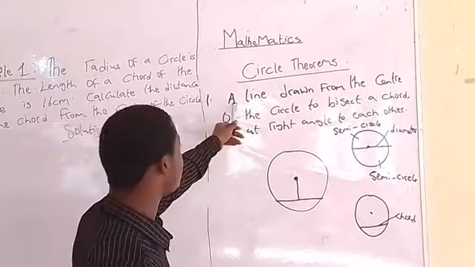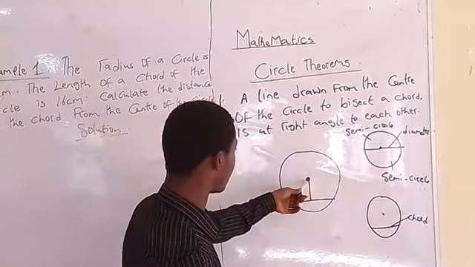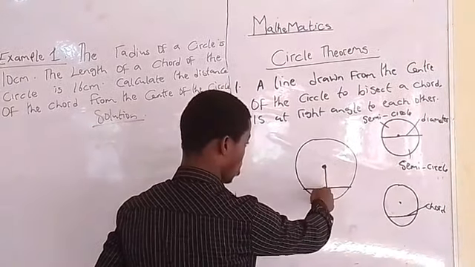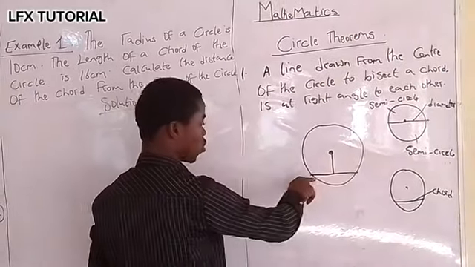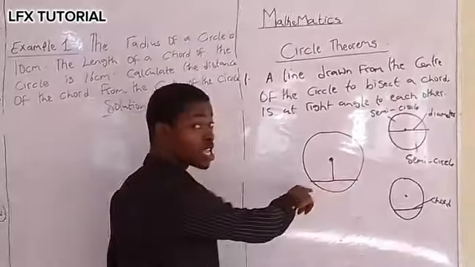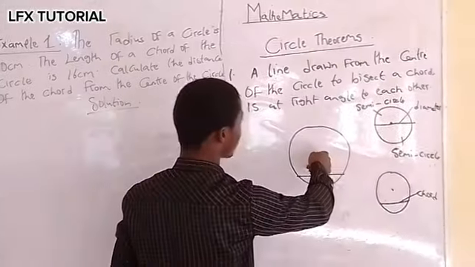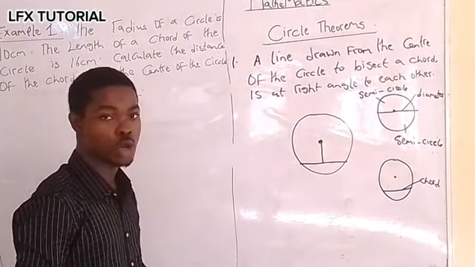So remember we said a line drawn from the center of the circle. A line is drawn from the center of the circle to bisect what? A chord. I'm very sure you already know a chord now: any line that divides the circle not into two equal parts and does not pass through the center of the circle. So a line drawn from the center of the circle to bisect a chord is at right angle to each other.